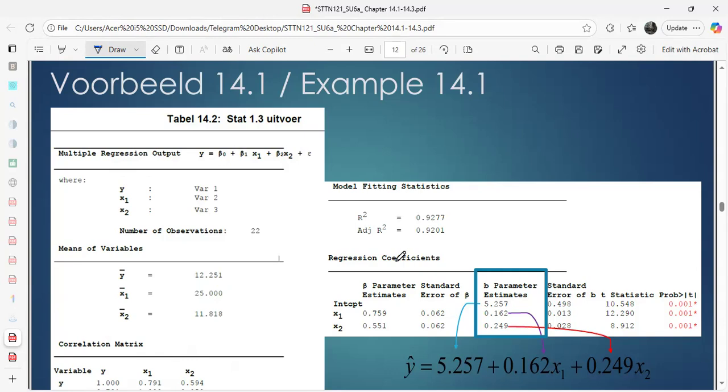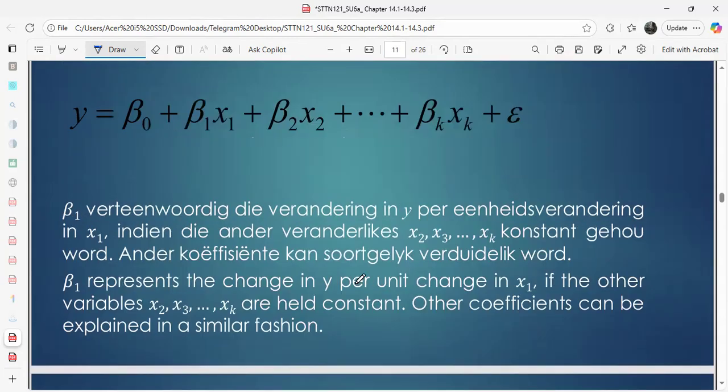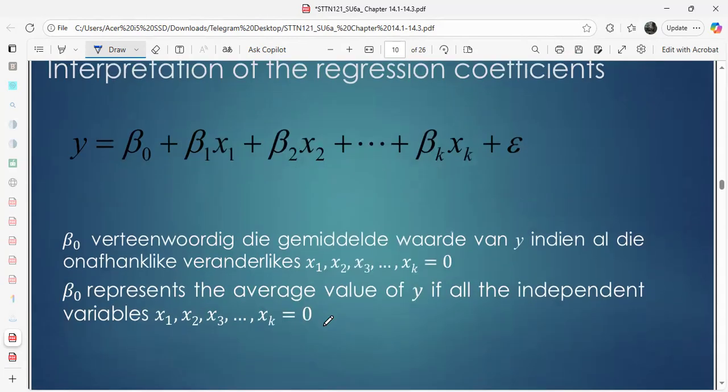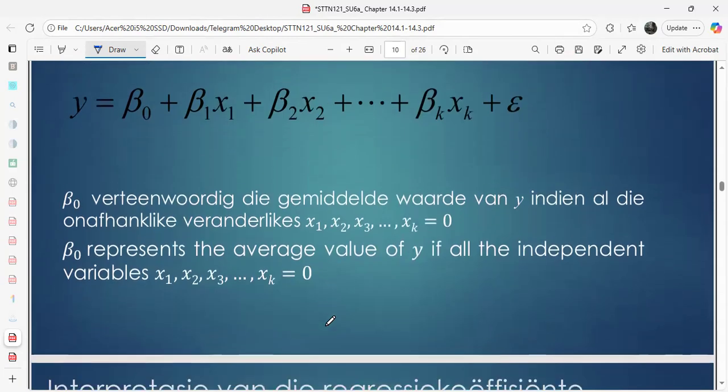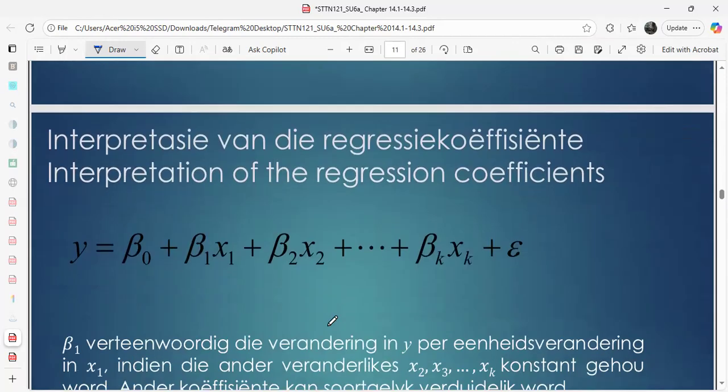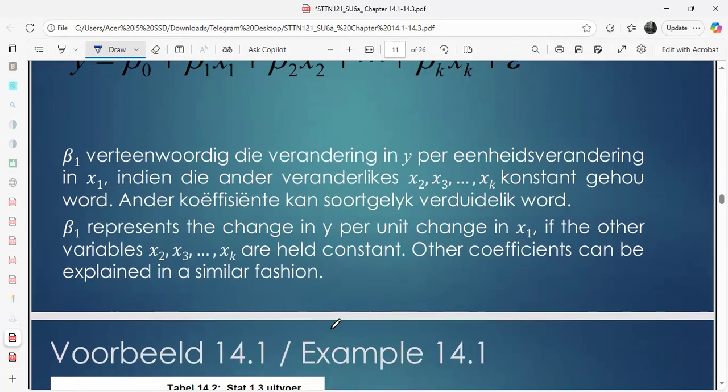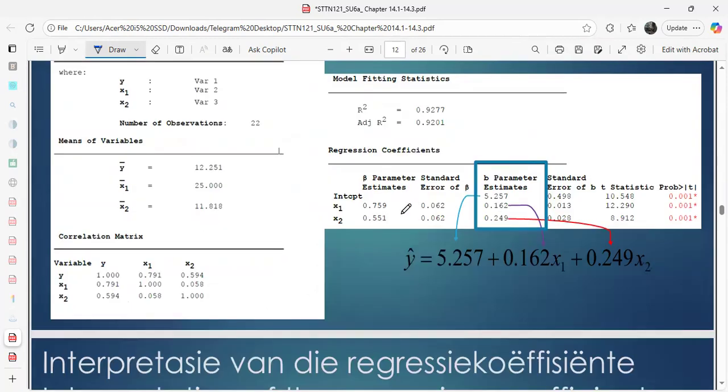If they give you this output, and you are required to determine the equation of the estimated regression, you're going to get it here. You see regression coefficients. We only have two, 1 and 2.